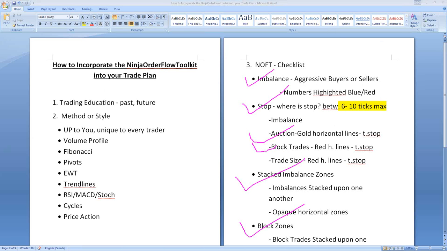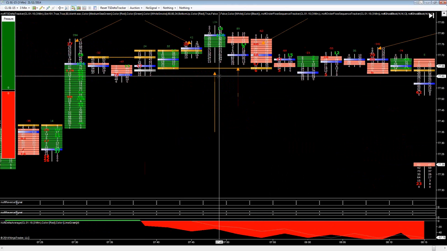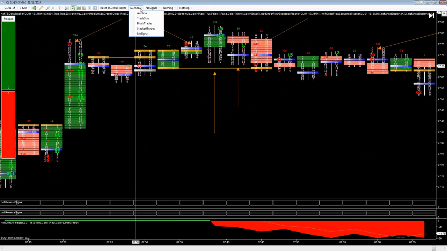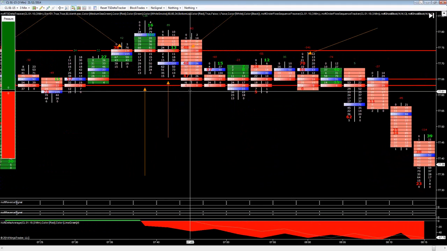Why are larger white numbers not block where the red lines are? What it means, Mitchell, if there's a block trade, so let me scroll back here. Put the block trades back on the chart. I'm looking for block sells.